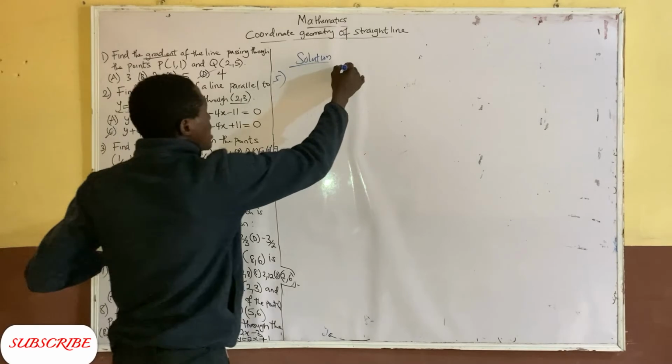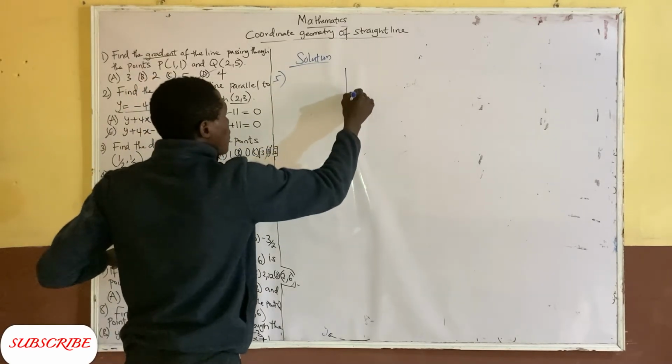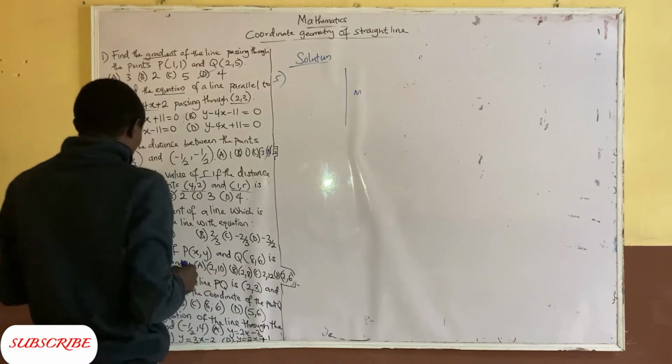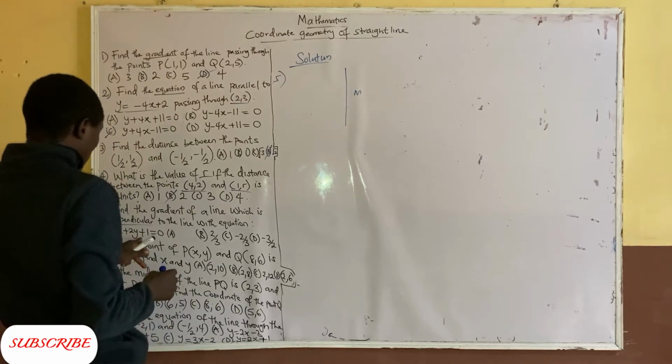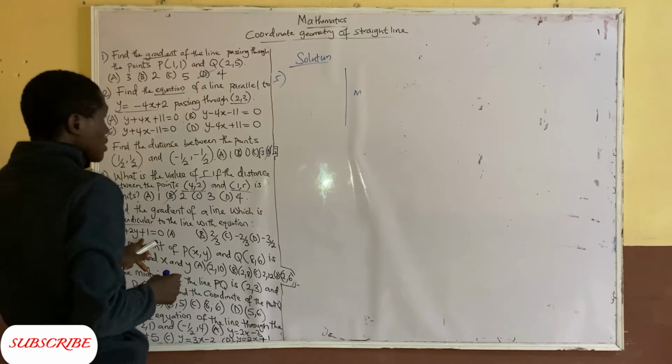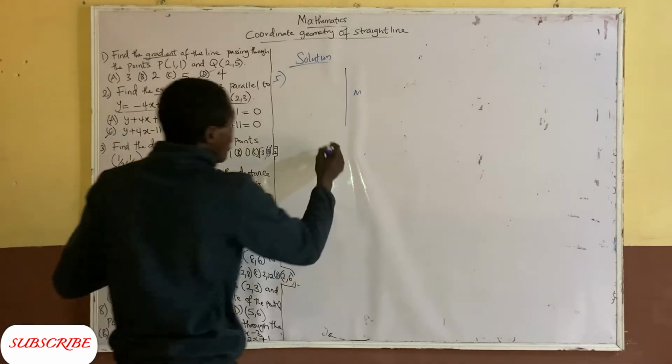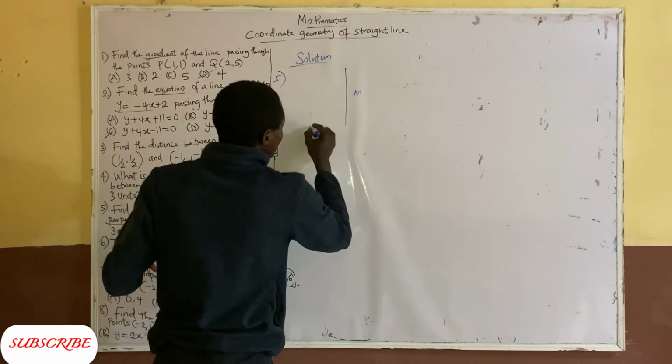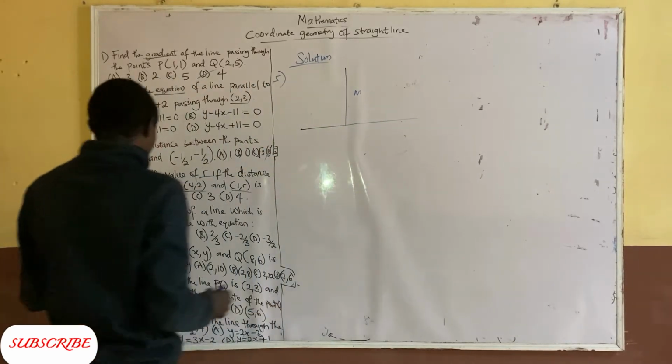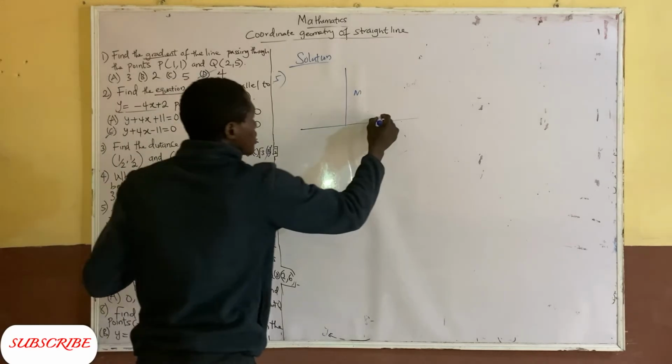We have to find the gradient, which is m, of a line which is perpendicular to another line of equation 3 what?